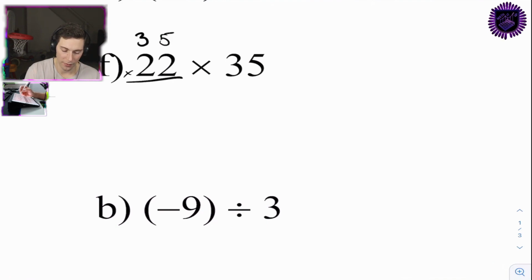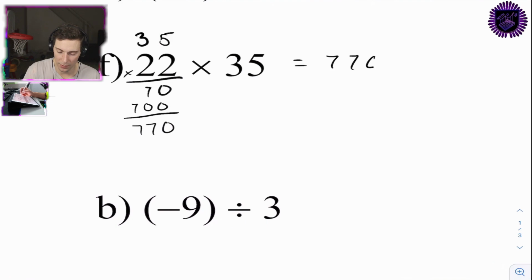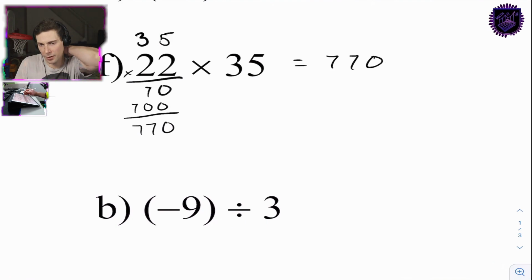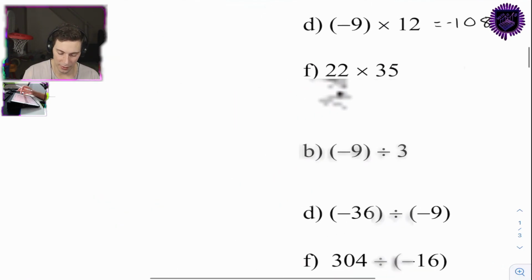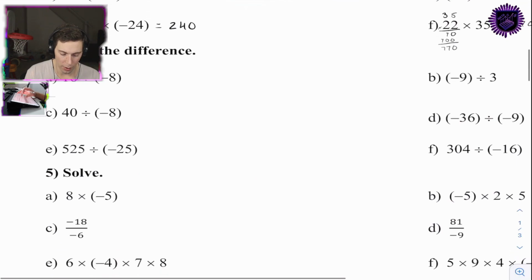And we'll go with 35 times 2 is 70. And 35 times 20 is 700. And then that's 770. And it's positive, equals 770. Probably could have done that in my head now that I'm thinking, but at the time I thought, I'm going to write this down. I have my paper as a tool. Let's do it.